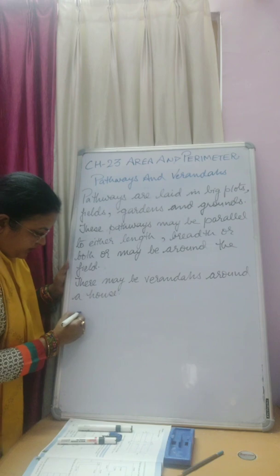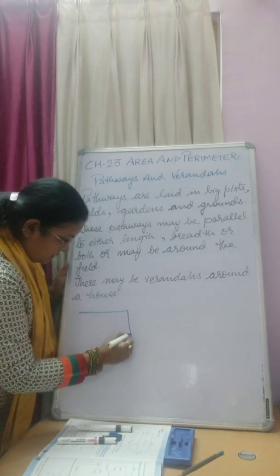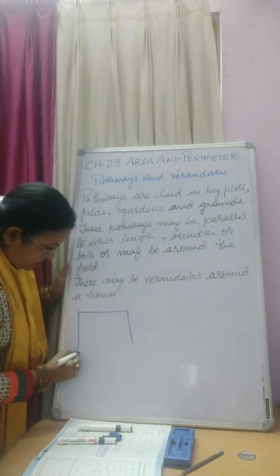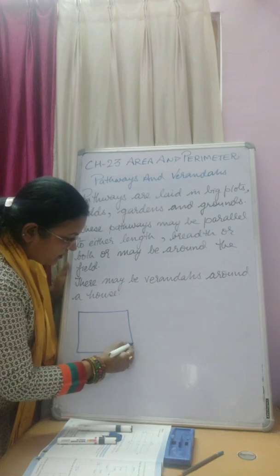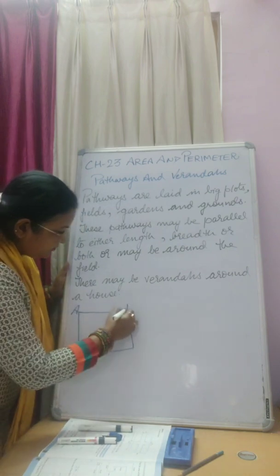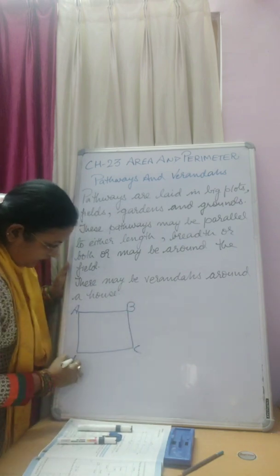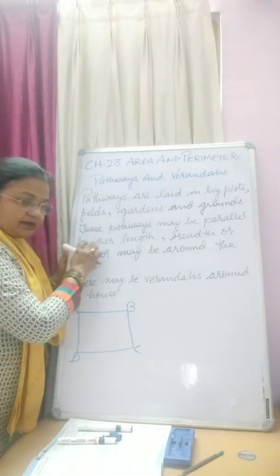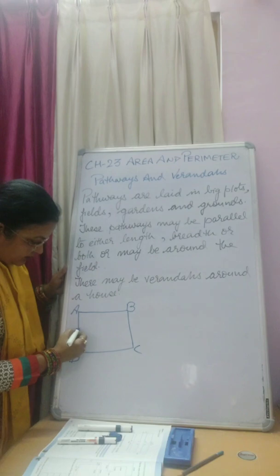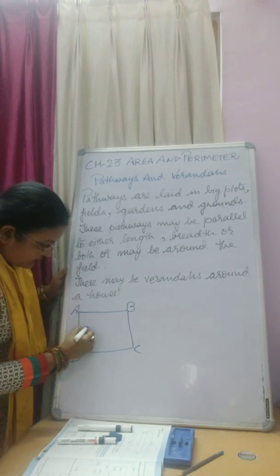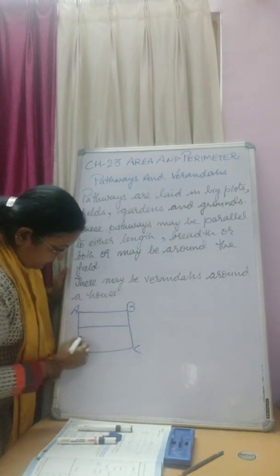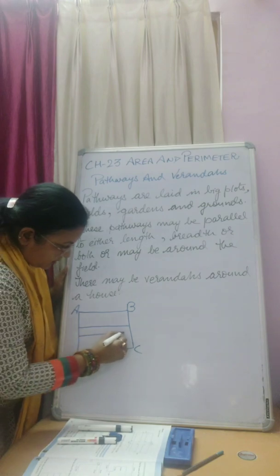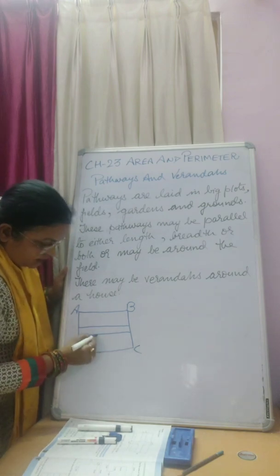Pathways like, suppose this is a rectangular field. What did it say? These pathways may be parallel either to length. So maybe like this. So parallel to length.